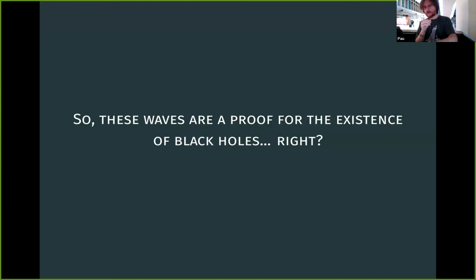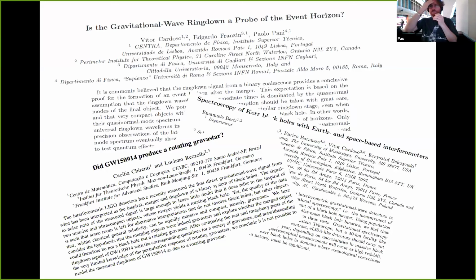As a matter of fact, right after the detection, a bunch of people, at least two groups, Victor Cardoso and collaborators, but also Cecilia Chirenti and collaborators, did the following exercise.